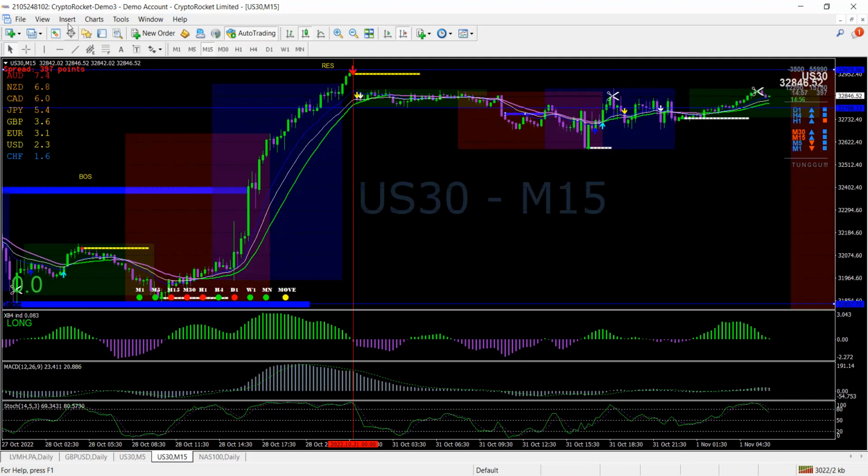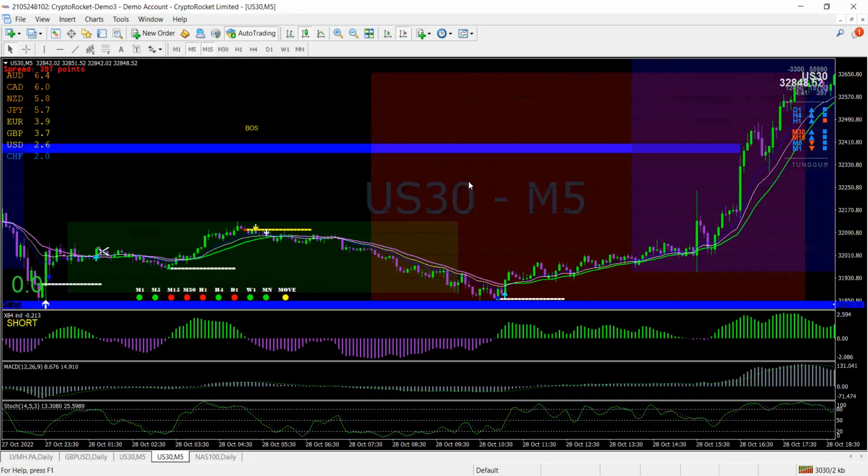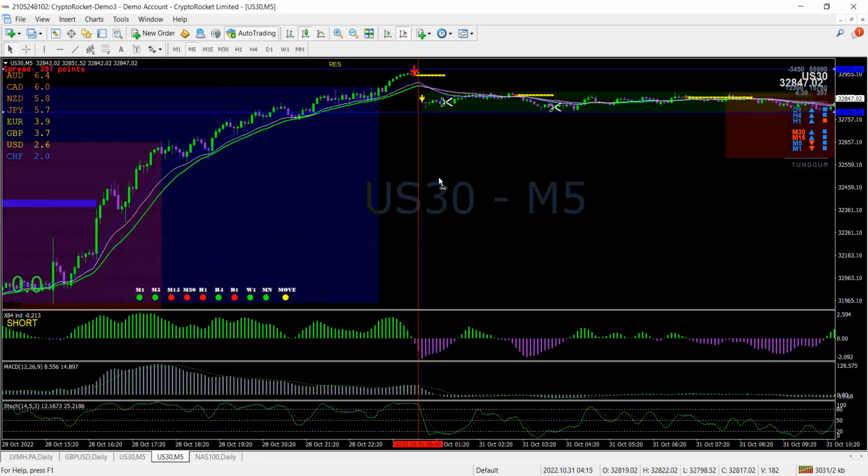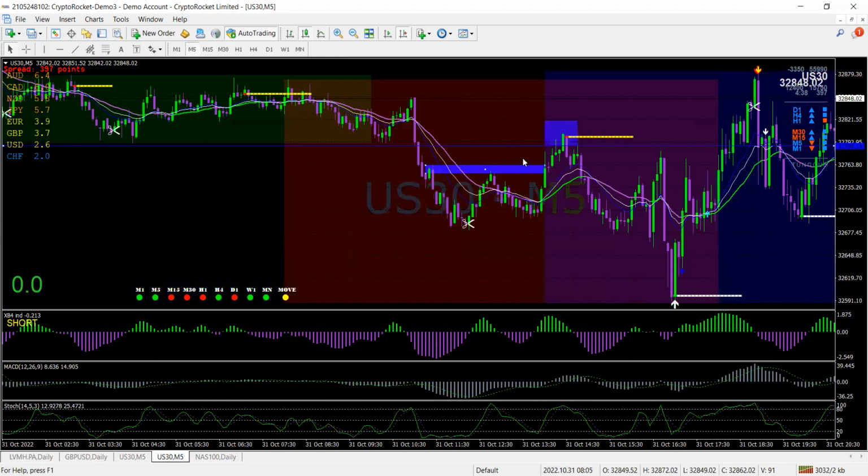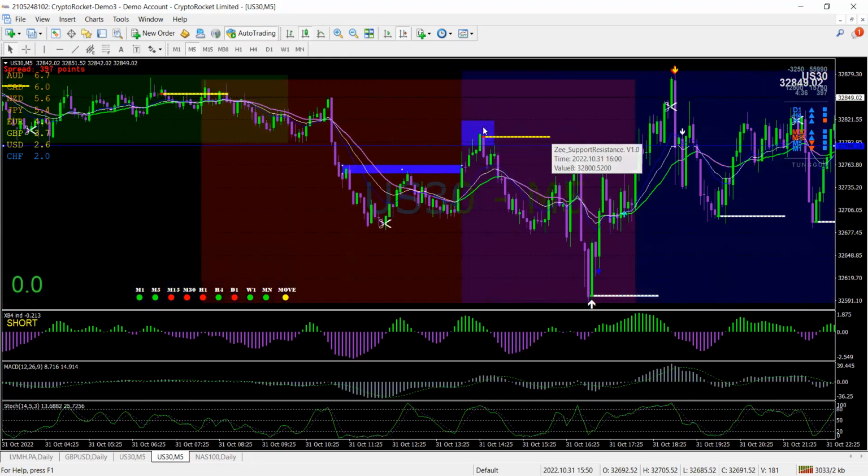All right. Now, what I would do is I would put a box in this area, right? And then I would go down to a lower time frame to see if the system is going to either show me a resistance line or arrows pointing in this direction. If I go to the 5-minute time frame, notice where my box is, I have the resistance line.